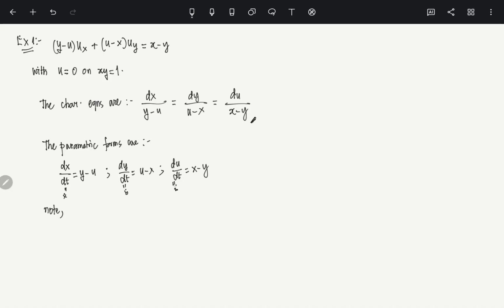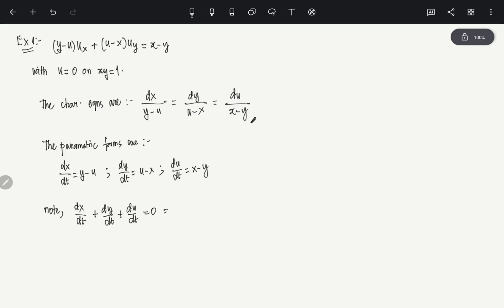This is just a notation, and in this whole theory we can also interchange these sorts of notations. But essentially what we have is this: if you look at it, dx by dt plus dy by dt plus du by dt is 0. If you add all of these three up, it's going to be 0.